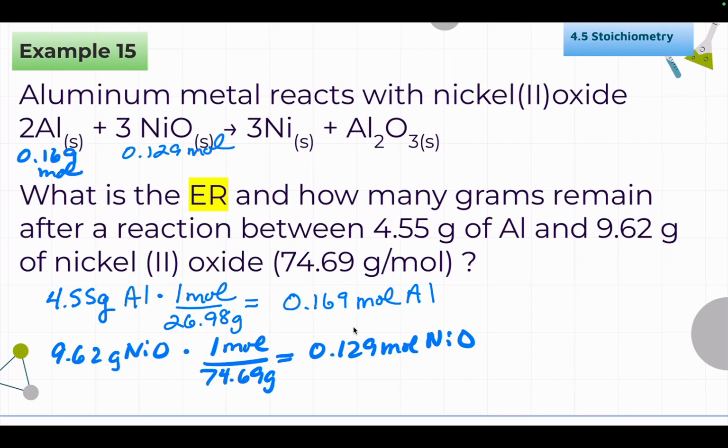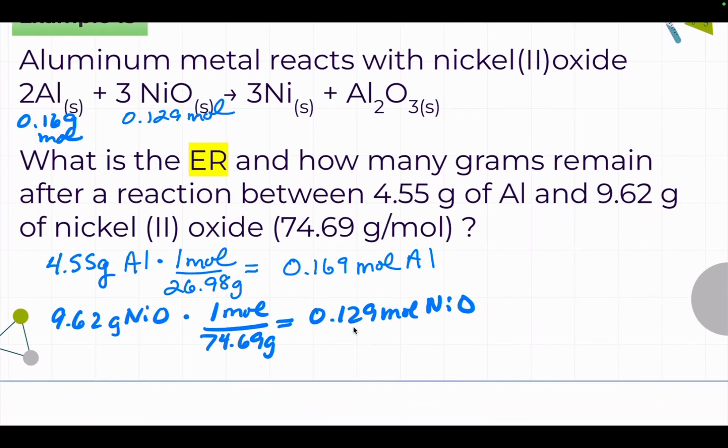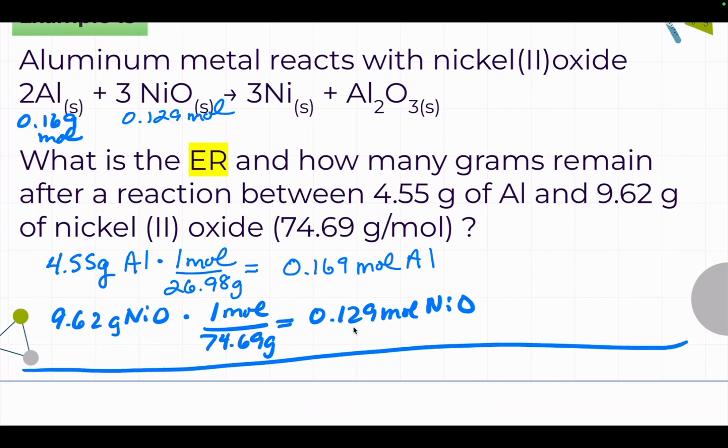So the next thing you should do once you have both reactants in moles is take one of the reactant amounts in moles and convert it to the other reactant's moles. And then you need to evaluate and see whether you have enough.